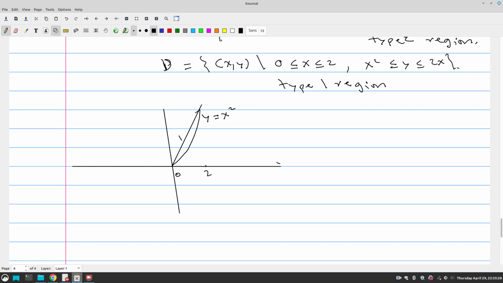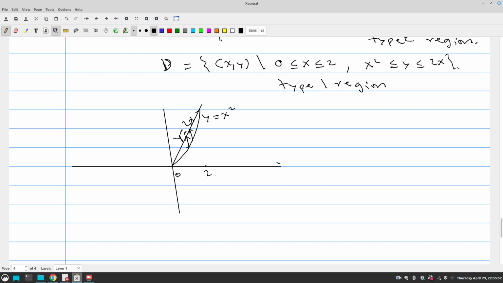So this is y is equal to twice x, right? So let's draw an arrow to show us that we're integrating from x squared to twice x. Let's draw this arrow. This arrow tells us that we're integrating in this direction, right?